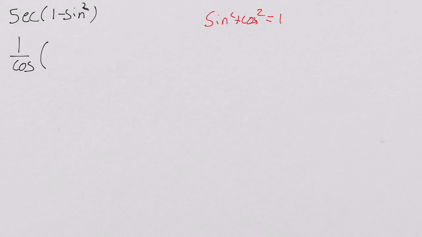Well, we can rearrange this. We need to get 1 minus sine squared, so I can subtract sine squared from both sides. That's going to give me cosine squared equals 1 minus sine squared. So we're going to substitute out 1 minus sine squared for cosine squared.